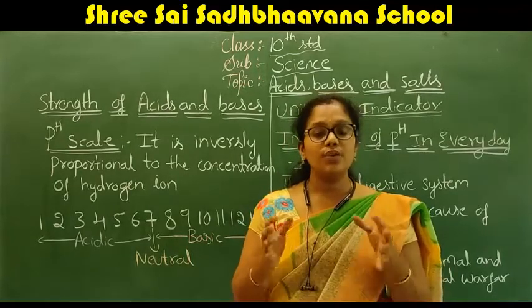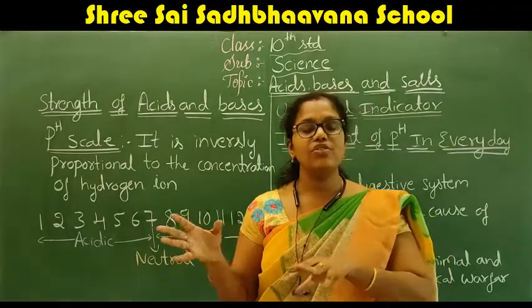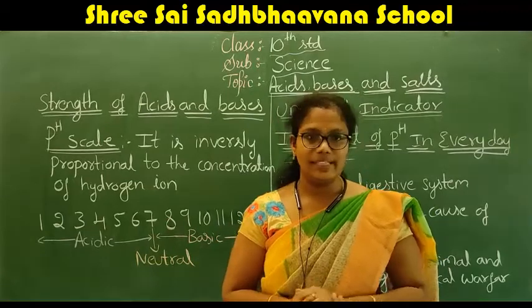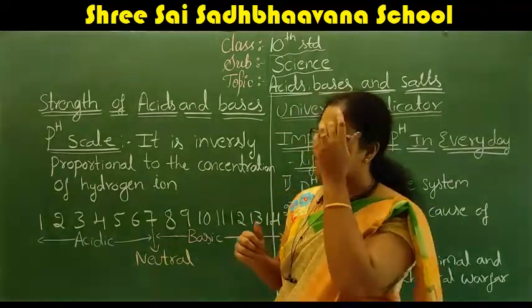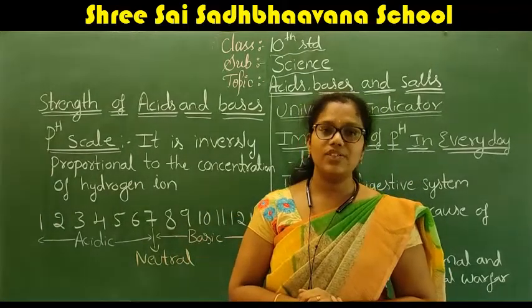Now we are going to discuss how to tell whether something is a strong acid or strong base, a weak acid or weak base. Understood? We can tell whether acids are weak or strong with the use of the pH scale.